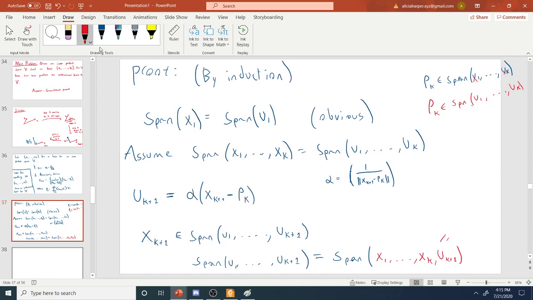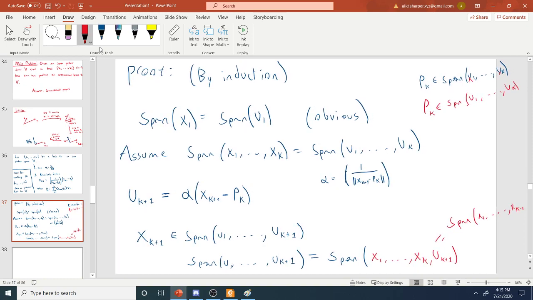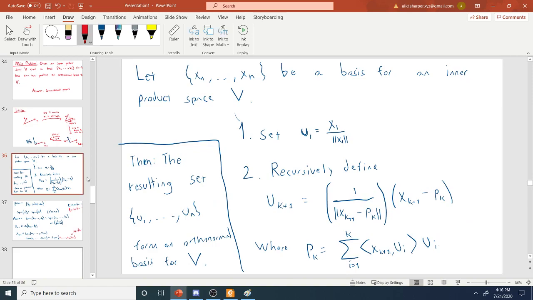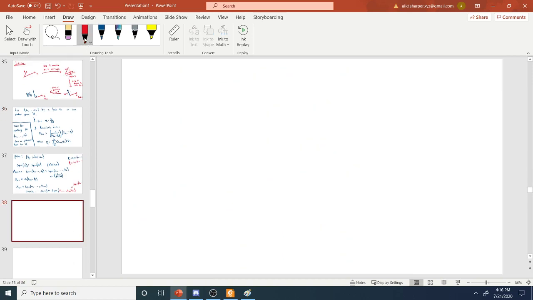So this in fact is the same thing as the span of x1 through xk plus 1. And this completes the inductive proof that these things, u1 through un, span V. It remains to show that they form an orthonormal set.